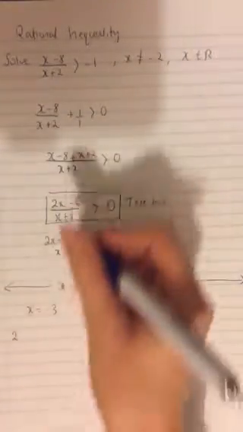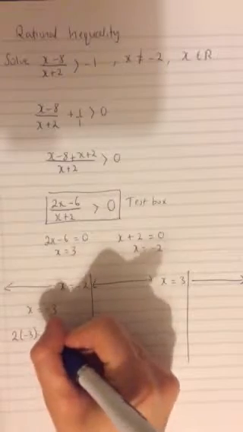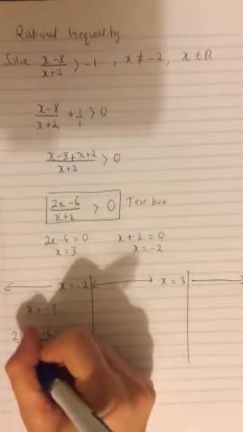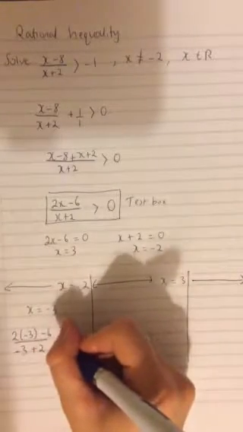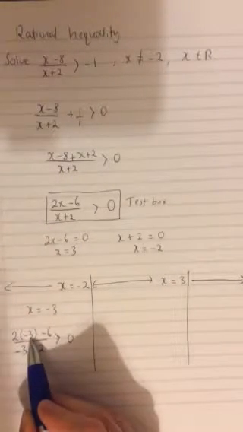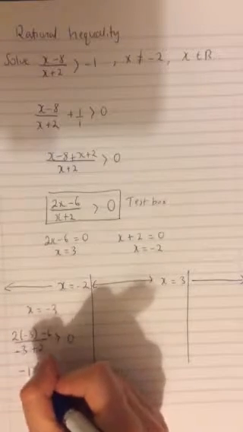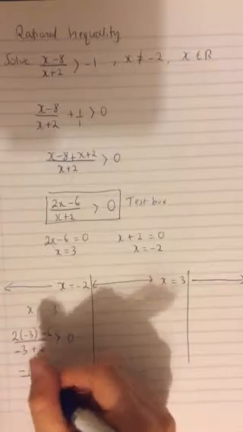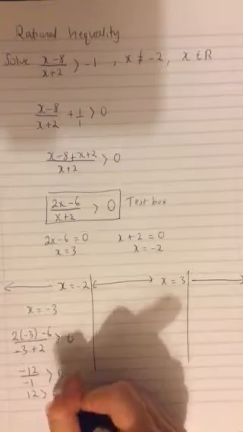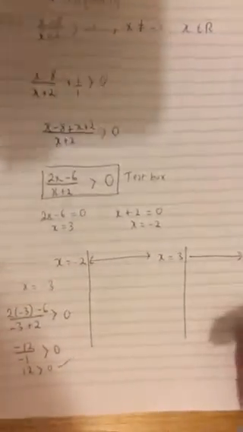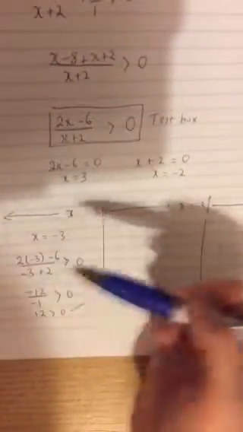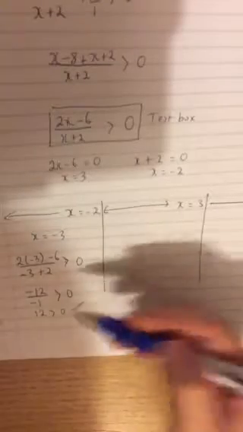So we have (2 times -3 - 6)/(-3 + 2) greater than 0. 2 times -3 is -6, -6 minus 6 is -12, and at the bottom, -3 plus 2 gives me -1. -12 divided by -1 is 12, which is greater than 0. So that works, and our solution set includes any value less than -2.